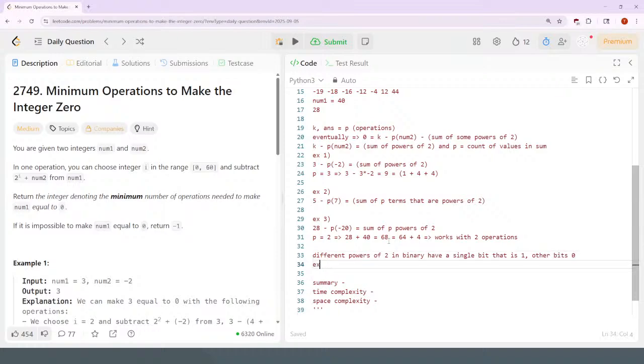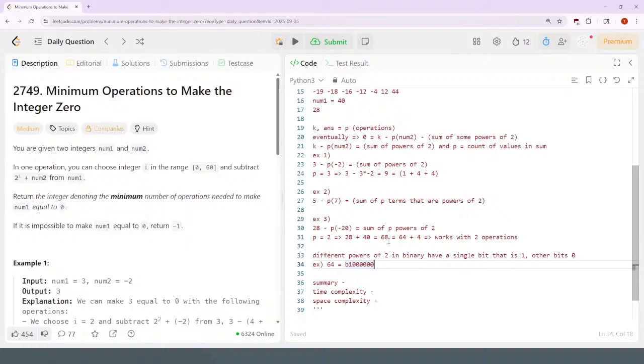So for example, let's say 64 is in binary 1, then 64, 32, 16, 8, 4, 2, 1, something like that.